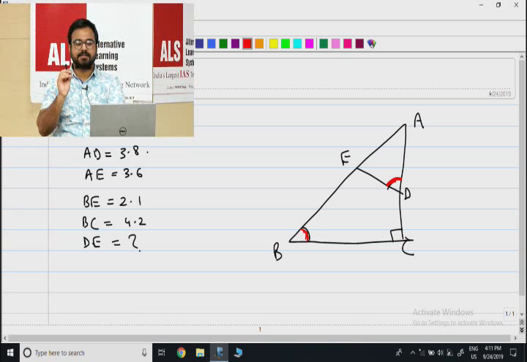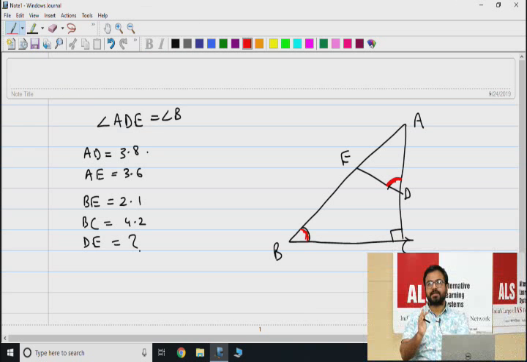DE lies in which triangle? Which triangles do you have to take to prove the similarity?